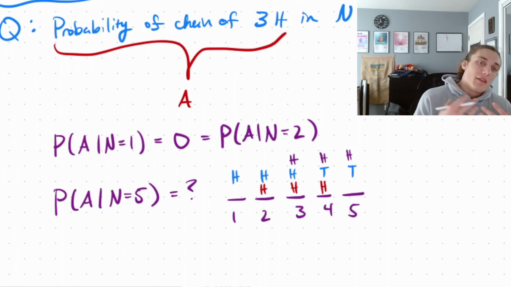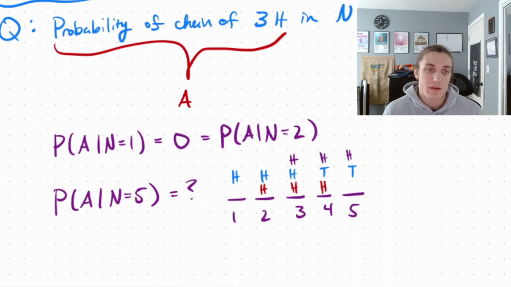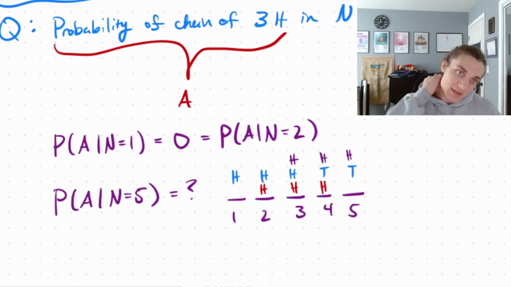But that takes a lot, and there's no guarantee that it's going to simplify into some sort of nice answer here. So we're kind of stuck in that we have to go to some arbitrary n, and technically it could be infinity. So what do we do here if we're stuck?